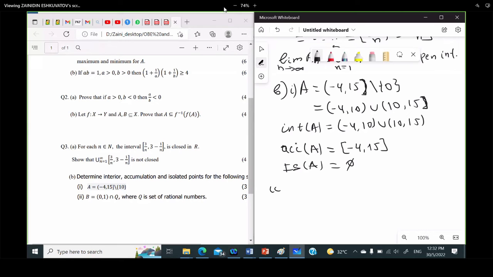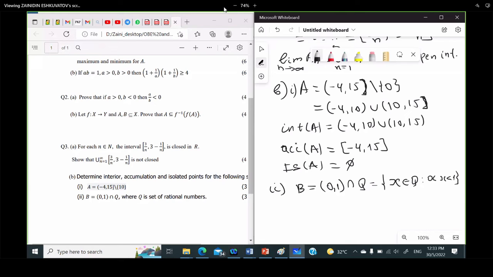Now what about the second one? Here, please pay attention. What is this actually? The interval 0, 1 intersected with Q. Actually, if you count this set, 0, 1 is a real number set. Q is the rational number set. So the intersection will be all x from Q, where x varies from 0 to 1, not included.